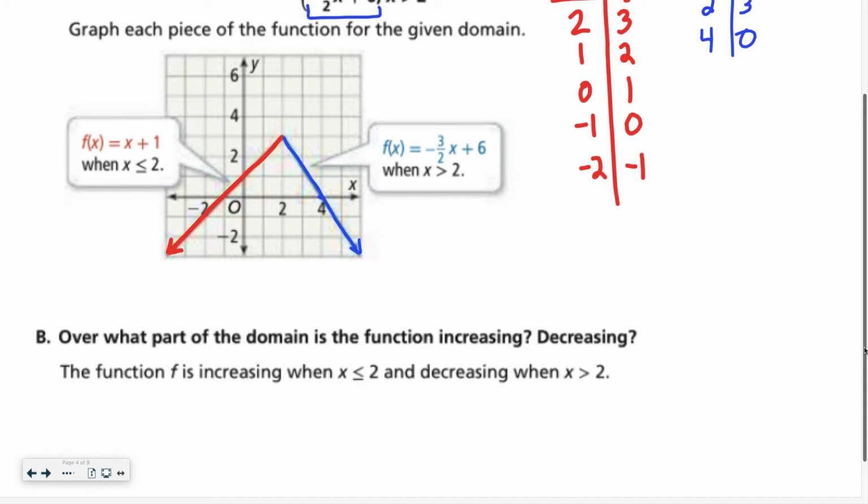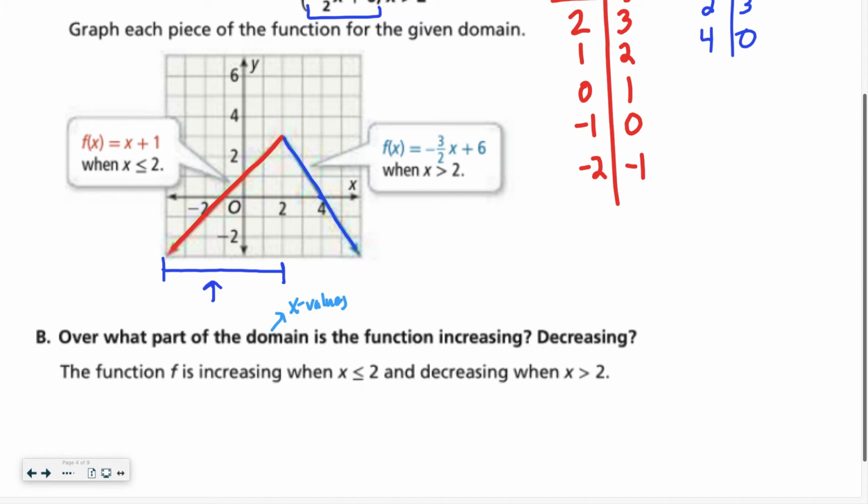And then one last thing that you'll sometimes be asked is to determine over what part of the domain. So remember, domain means your x values. So over what part of the domain is the function increasing, and over what part of the domain is the function decreasing. So if we look at our x values, from here to here, our line is going up, right?